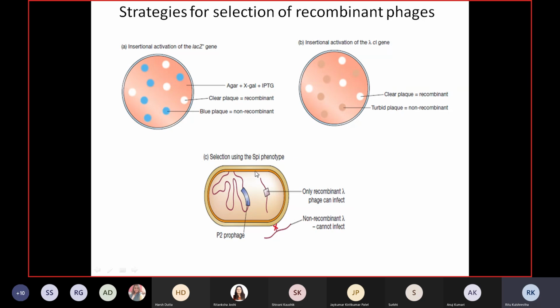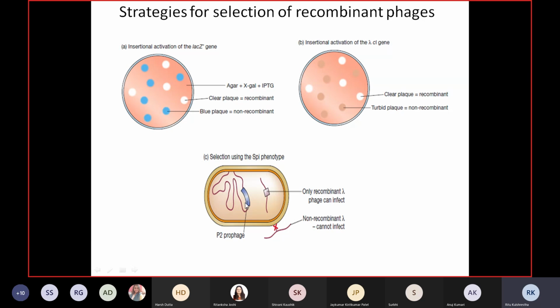So if I infect this bacterium with lambda phage, it will not be able to get its DNA inside the bacterium. The reason is that it is sensitive to the product of the P2 phage.